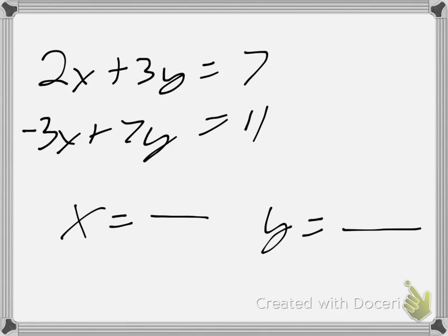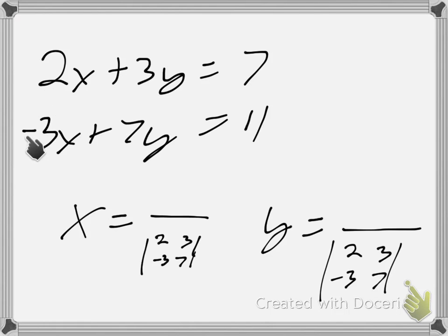Notice my notation here. The denominator of these fractions is made up from the determinants of your coefficients: 2, 3, negative 3, 7. See that? The numerator, you also make determinants, but see how this one equals x?